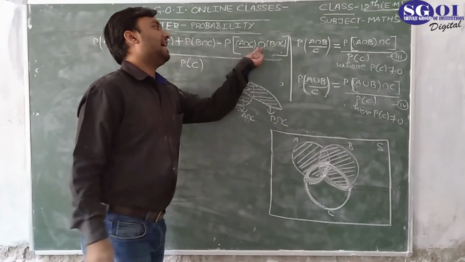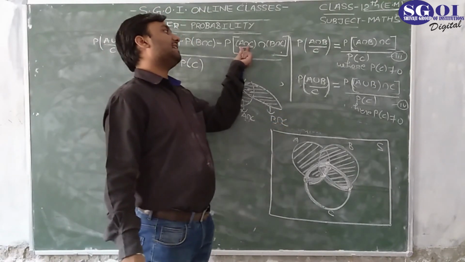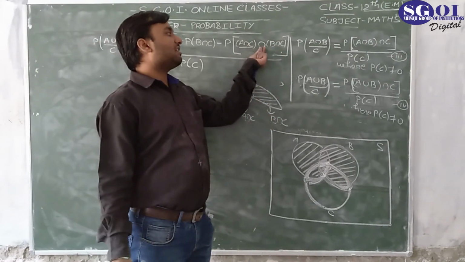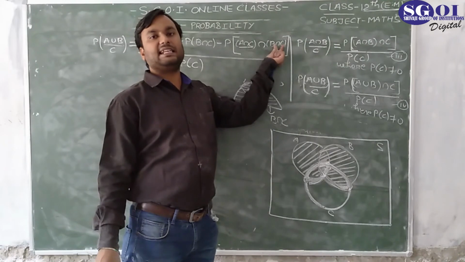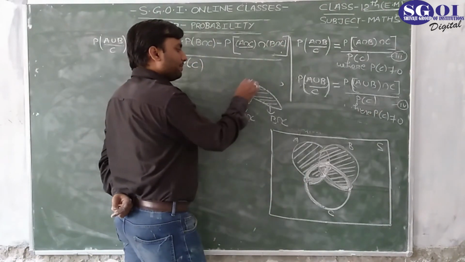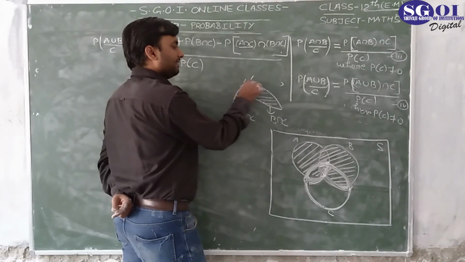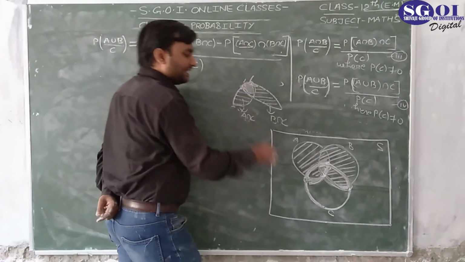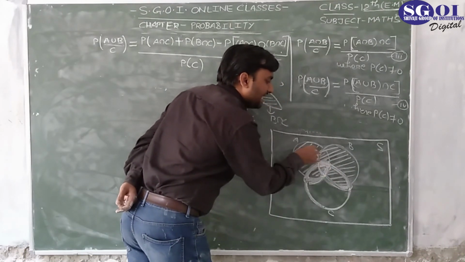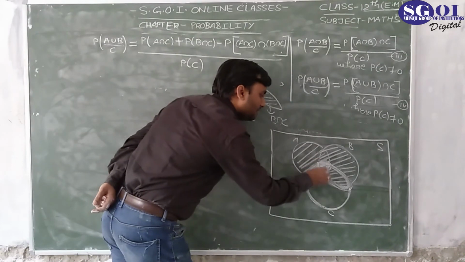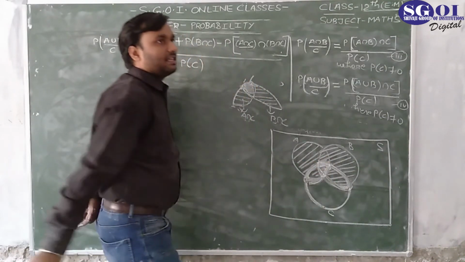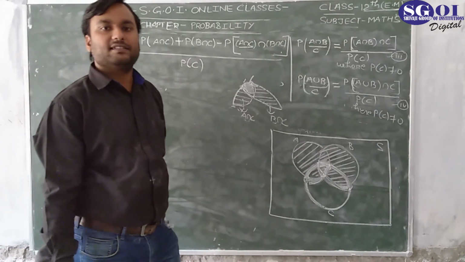Now we have to find the intersection of A intersection C and B intersection C. In easy language, we have to find the common portion of A intersection C and B intersection C. So you can easily see that the common portion of these is this particular figure, the shaded portion common to A, B and C circles.